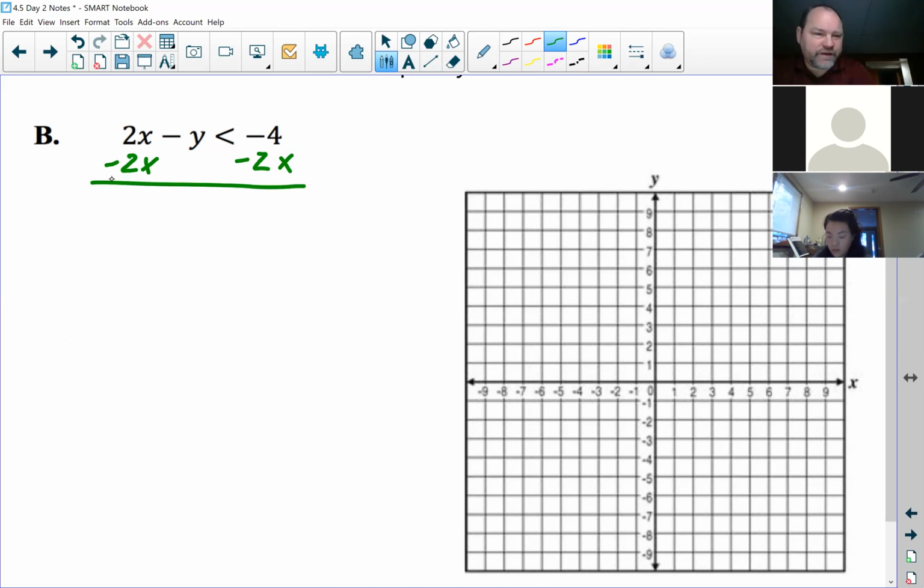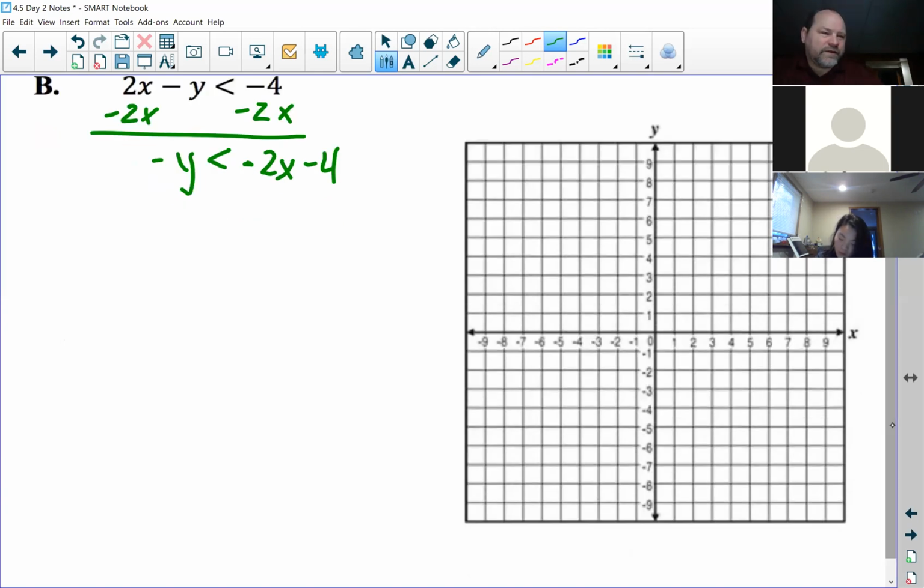The 2x's cancel on the left-hand side. So I have minus y is less than -2x minus 4. Now I need to get rid of that negative in front of the y, so I'm going to divide everything by -1.